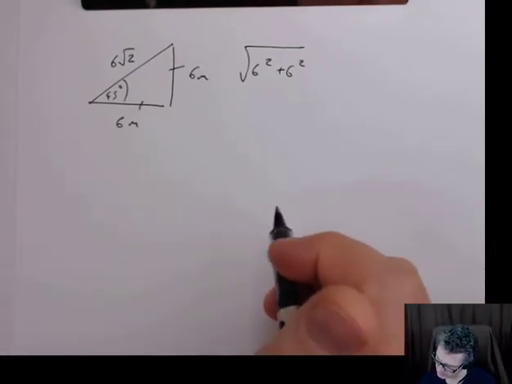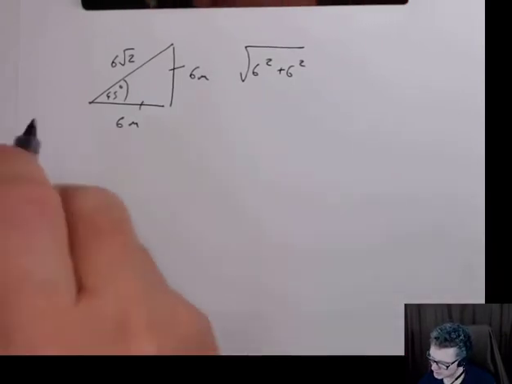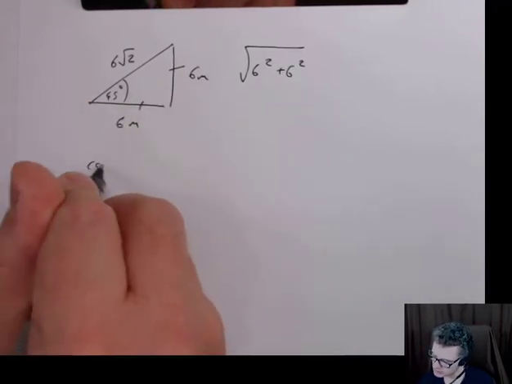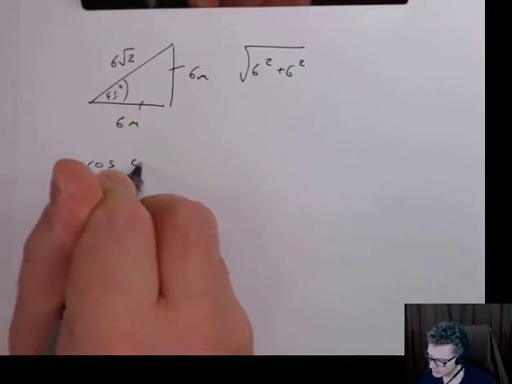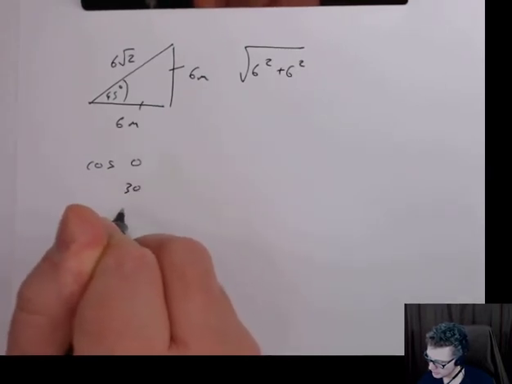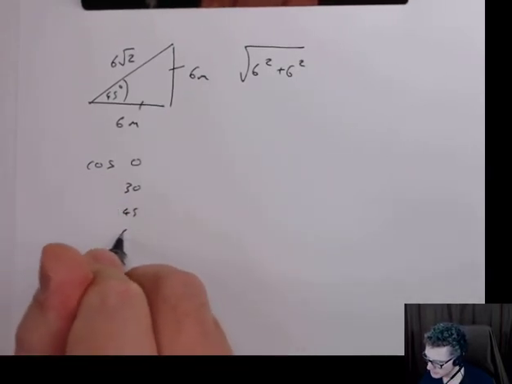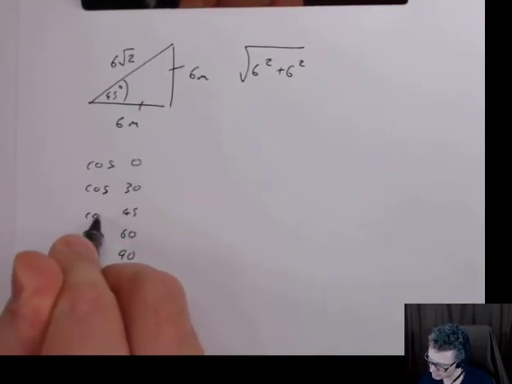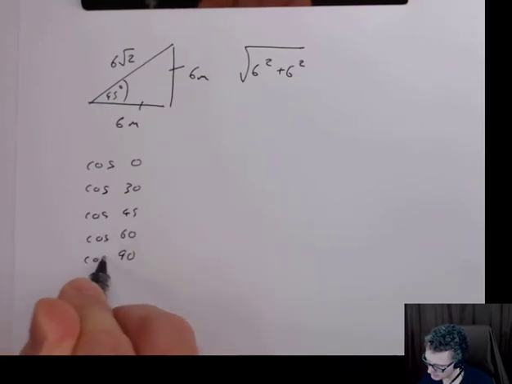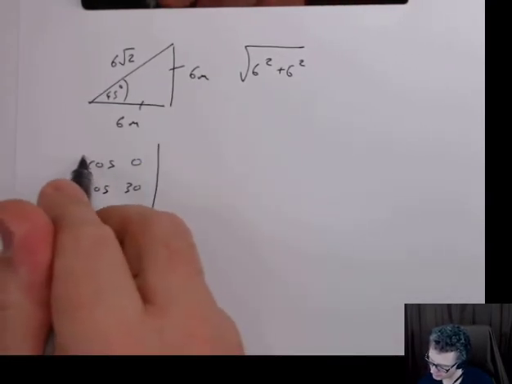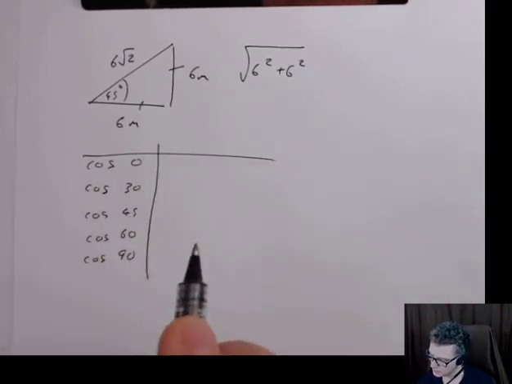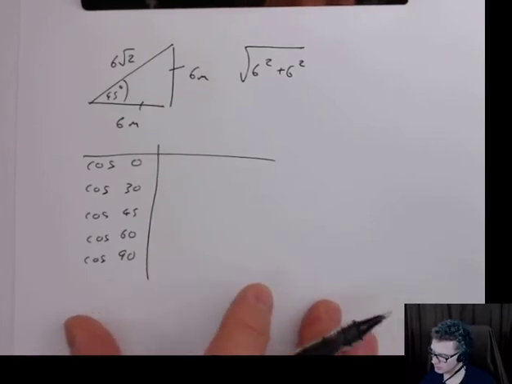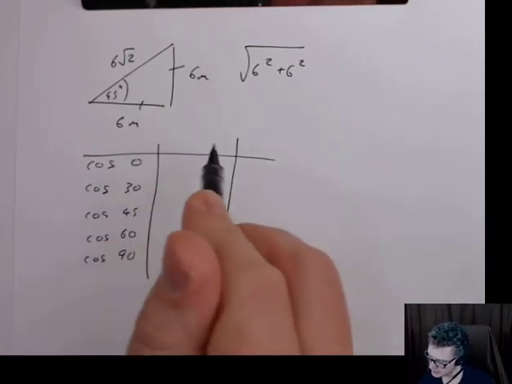The other thing is when you're doing an exam question and tend to use just cos, so cos 0, 30, 45, 60 and 90, write out those special numbers. Maybe write this on your formula sheet at the beginning of the exam, just so that you get it right.